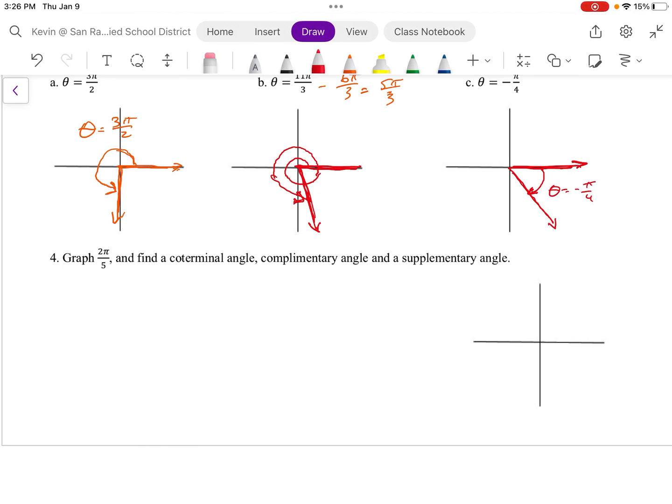Let's do the last one here. Okay, coterminal angle. Find a coterminal angle, so first graph 2 pi over 5. Well, where would 2 pi over 5 be? It would be kind of something like this.